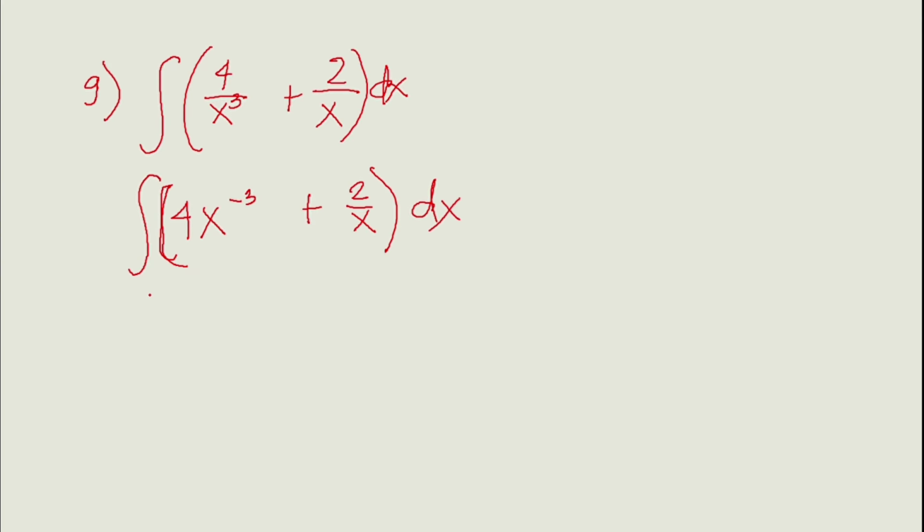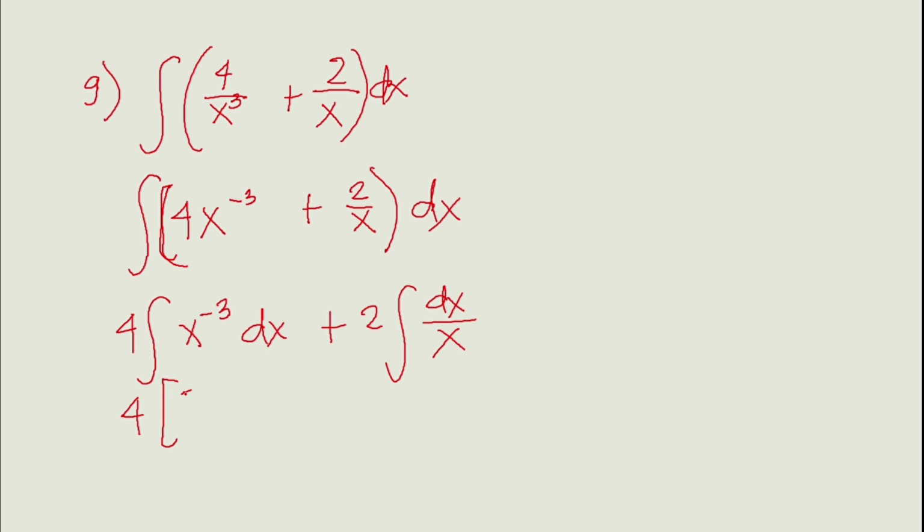We could write this as 4 times the integral of x raised to negative 3 dx plus 2 dx over x. I did not raise the second term because we could form a logarithm here. So 4 times x raised to negative 3 plus 1 over negative 3 plus 1, plus 2 ln of x plus c.